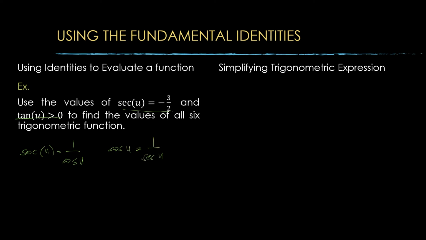Our secant u is given as negative 3/2. So cosine of u is equal to 1 over negative 3/2. Simplifying this fraction, I have cosine of u being equal to negative 2/3.